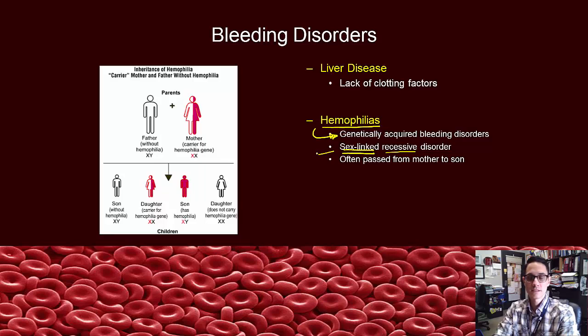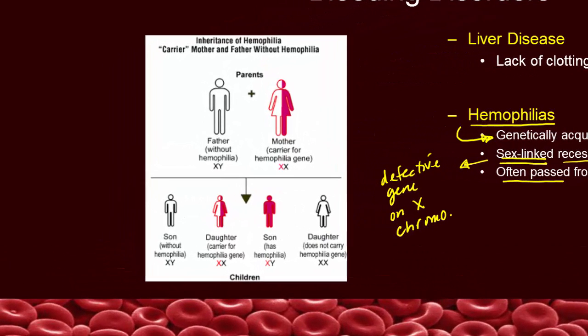Specifically, the defective gene in these hemophilias is found on the X chromosome. These hemophilia conditions are often passed from mother to son. Over here in this image, I just want to remind you what sex-linked recessive disorders are.